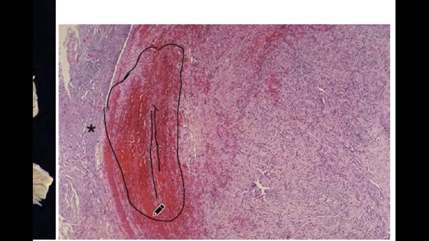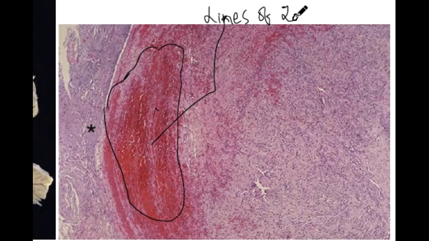All this red color is RBC deposition, but in between it there are light colored lines. What are these light lines? These light lines are lines of Zahn. The presence of lines of Zahn will tell us that it is an antemortem thrombus which is formed.